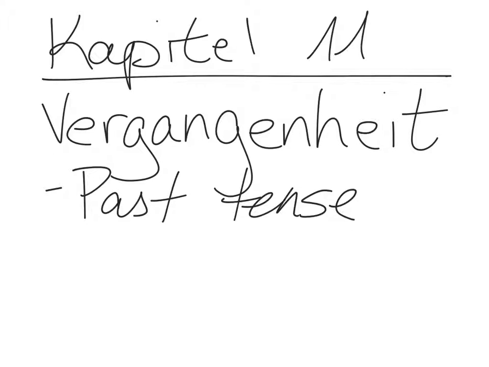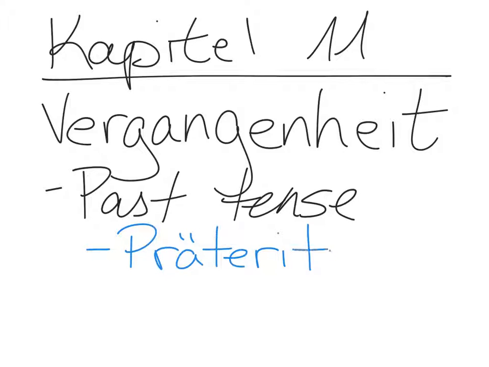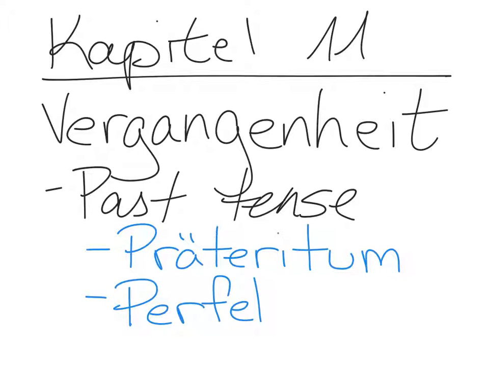There's more than one kind of past tense. Okay. So one kind is called the Präteritum. You don't need to be able to pronounce it, just recognize it. And the other kind is called the Perfekt.